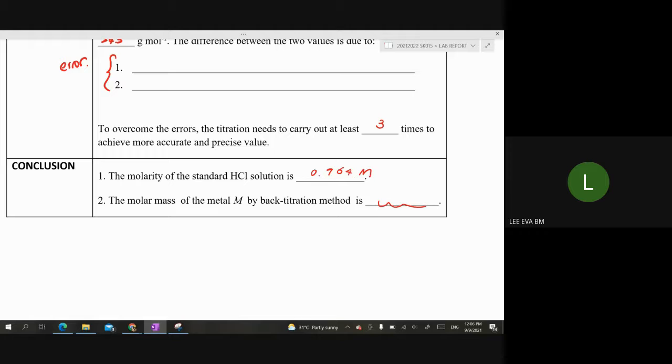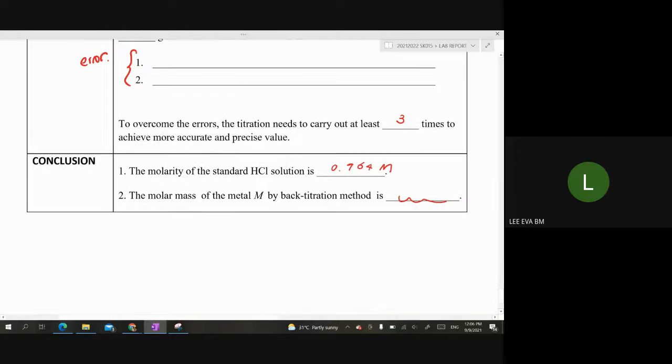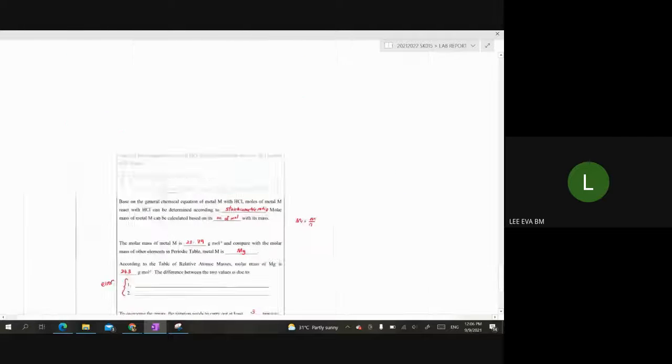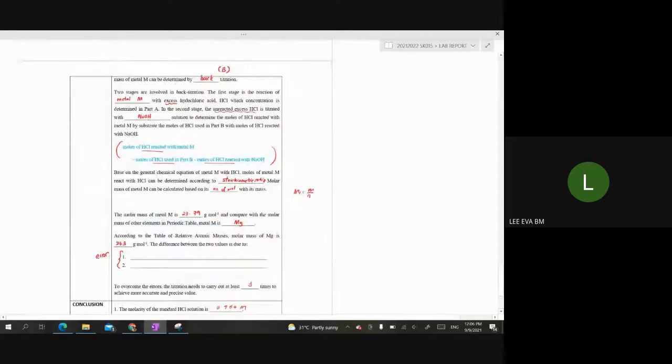Right. So any questions for your lab report? Ada tak soalan? When should we submit the lab report? Same. So today is the 9th, due tomorrow. So normally madam will give you 2 days time.